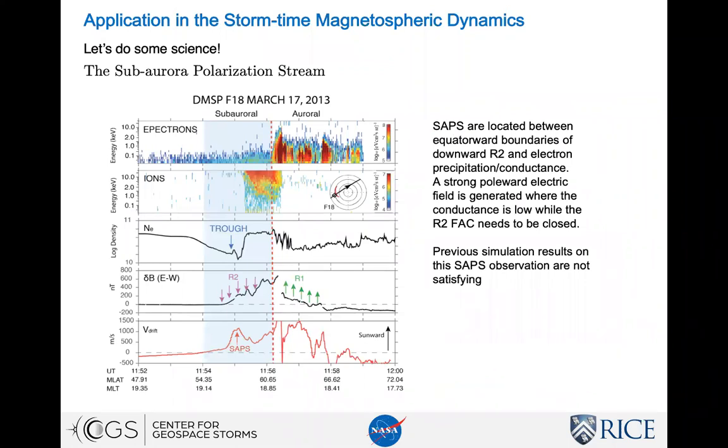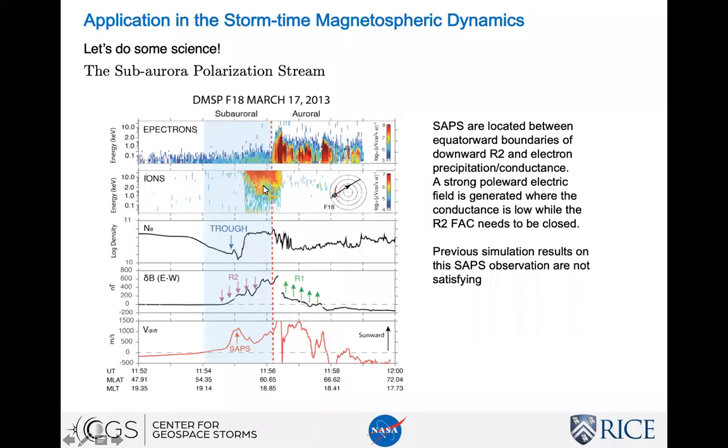First is a subauroral polarization stream. SAPS are a westward stream of ion flow located between the earthward boundaries of the downward region 2 current and electron precipitation.